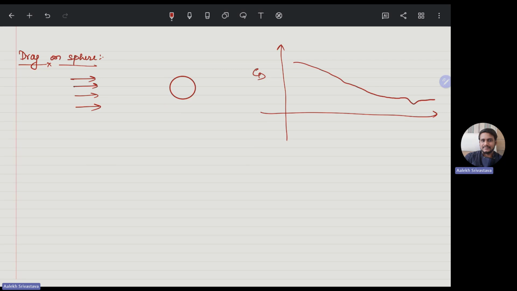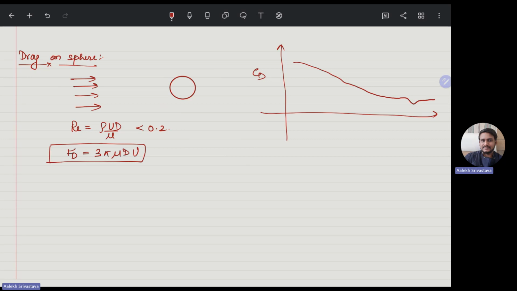So for the sphere, the Reynolds number is defined as rho U d by mu, and if it is very small, viscous forces are much more important than inertial forces, and therefore the drag force that is calculated for this is 3 pi mu d times velocity.